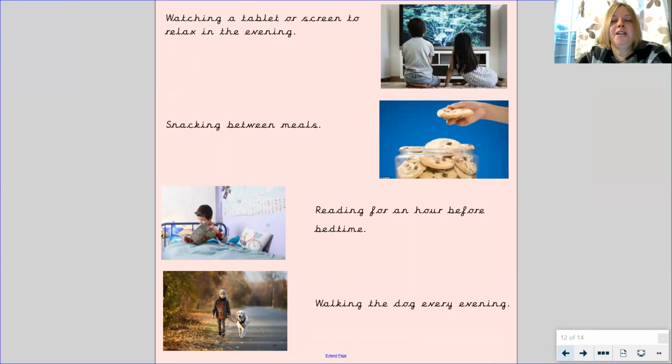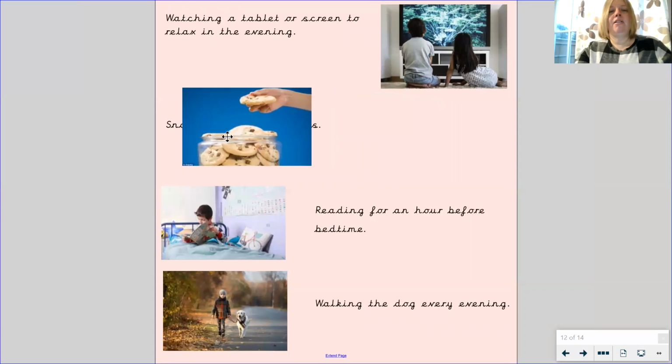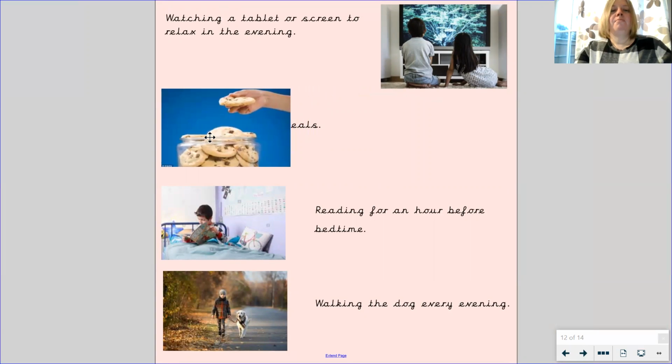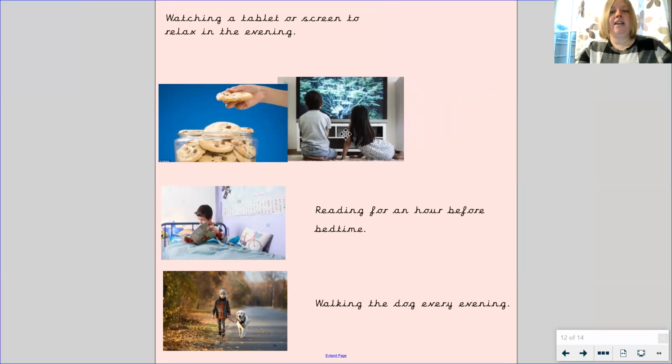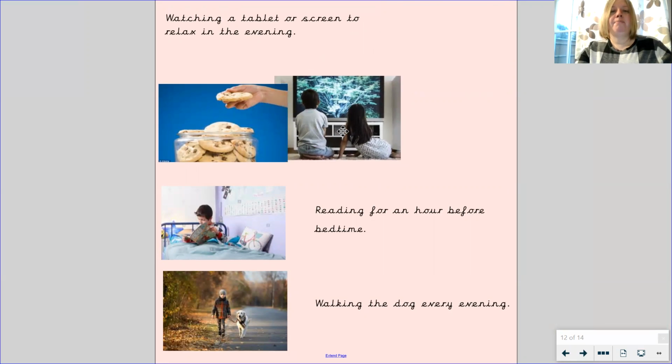So if I was to go here, I might decide that I would put snacking between meals at the beginning of my list, because I think snacking between meals is the most unhealthy. Then I would put watching a tablet or screen to relax in the evening, because we know that if we watch a tablet or screen before we go to bed, we can find it hard to go to sleep.